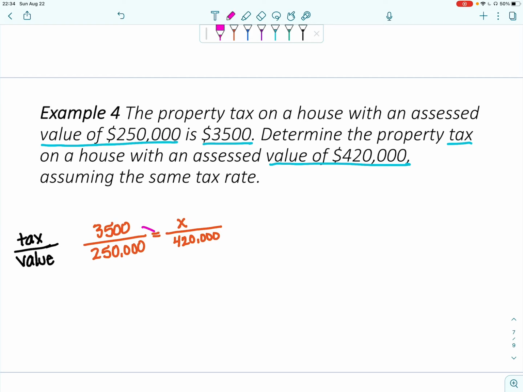These are going to be fun numbers. So 3,500 times 420,000 equals 250,000 times x. Oh my goodness, 147 with 7 zeros.